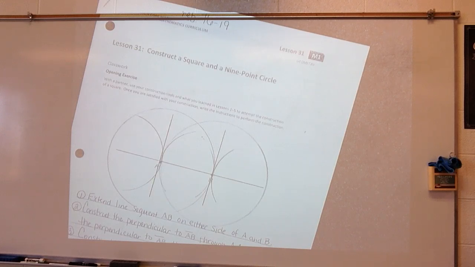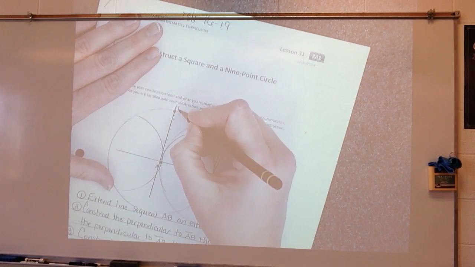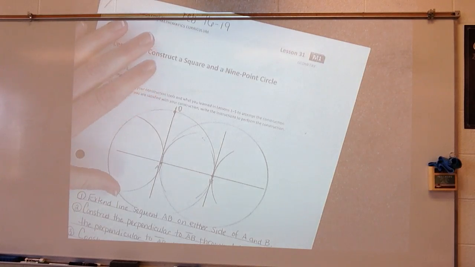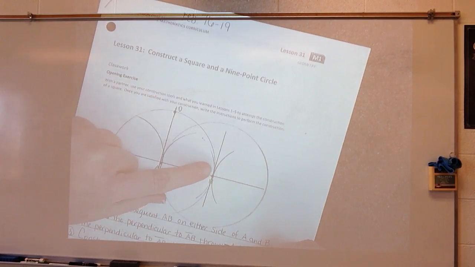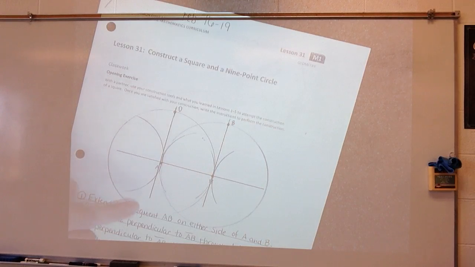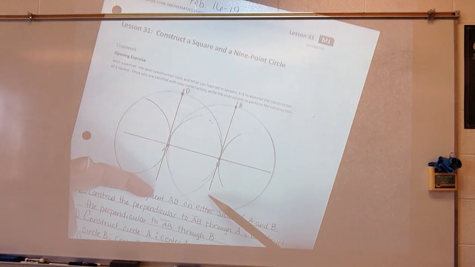Alright. Select one of the points where circle A meets the perpendicular through A and call that point D. So I've got to extend mine just a little bit. So D. Alright. In the same half plane as D, select a point where circle B meets the perpendicular through B. So I'm going to extend it just a little bit and call it B. The reason it says select one point where circle A meets the perpendicular, you could do it down here.